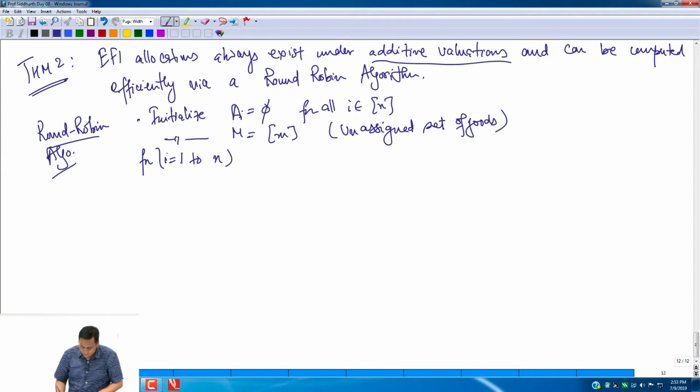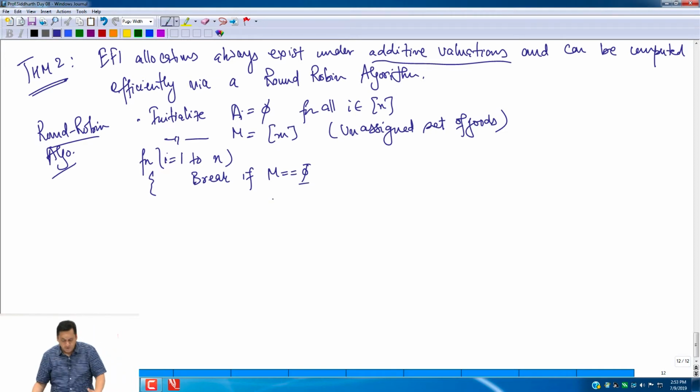So I just keep running this for loop. If at any point of time there's no good left, you stop the process. I mean, the agents aren't there to stare at a blank table. So that's the obvious condition.